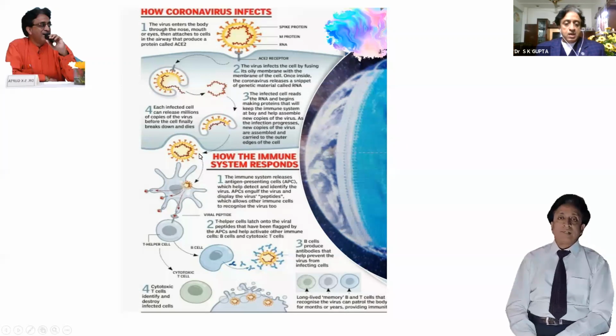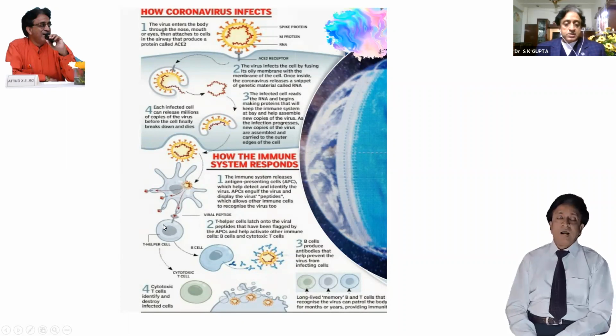of the virus. Once the virus is released into the milieu of the cells, the immune system responds by recruiting the antigen presenting cells or the dendritic cells, which engulf the virus. And not only do they engulf the virus, they present the peptide antigens of the virus on their dendrites.